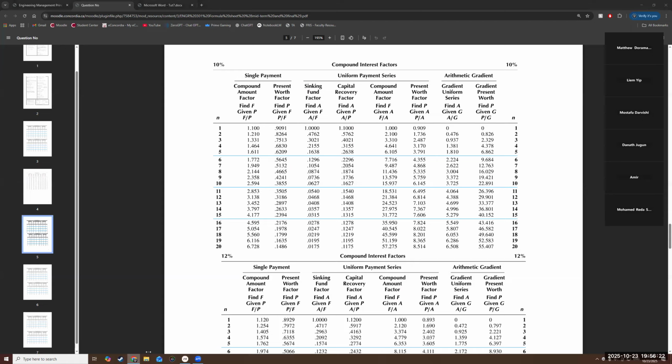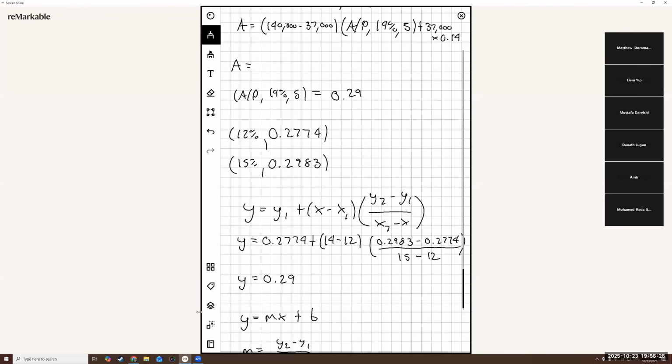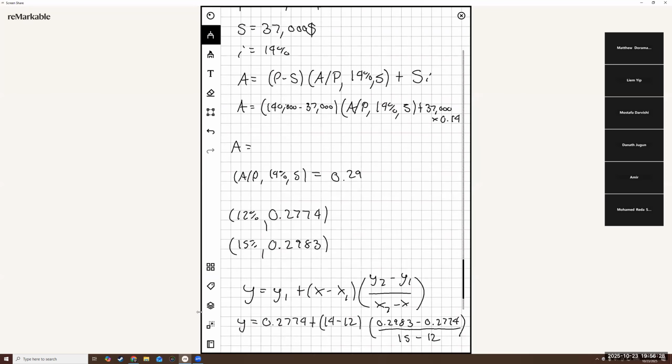Okay. Now back to what we were doing. So we have our formula here. We have our 0.29. So now all that's left to do is to plug it in this big formula and find the rest of the values. If you do that, you get a value of $35,235.